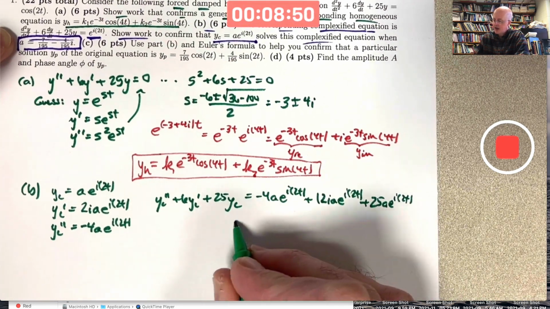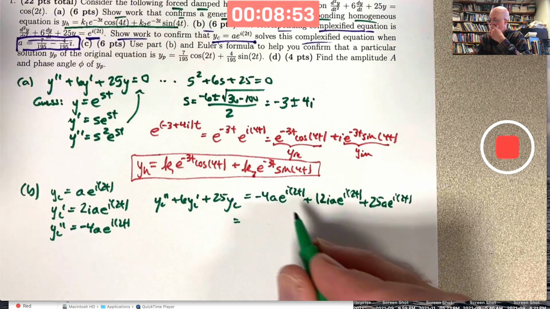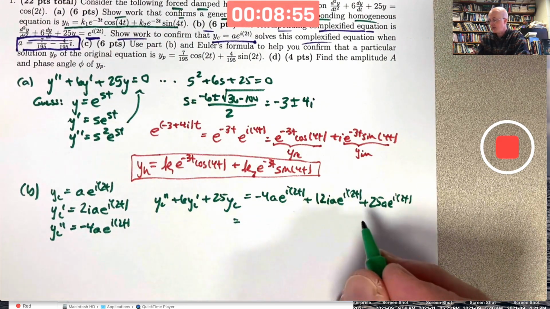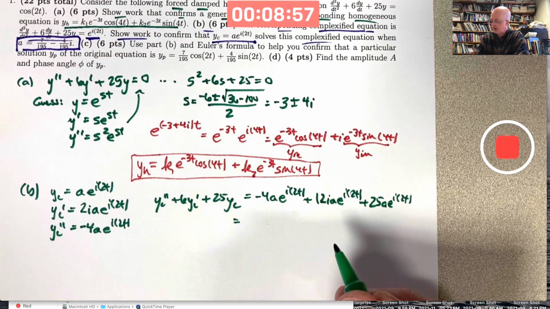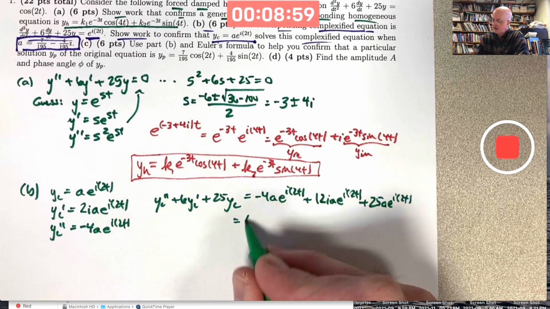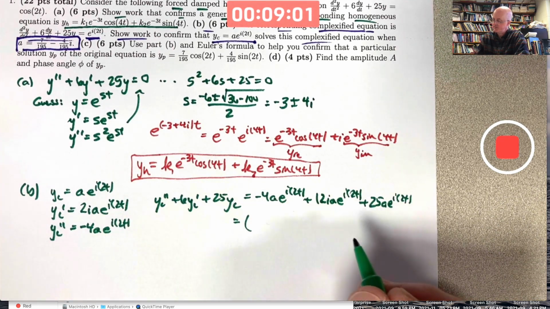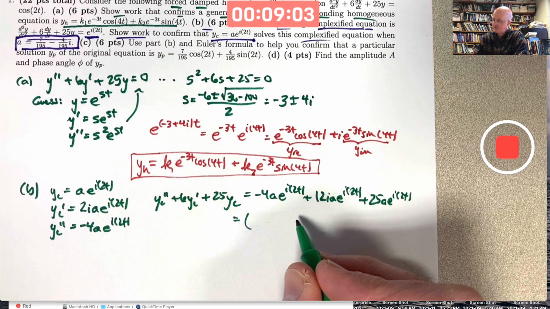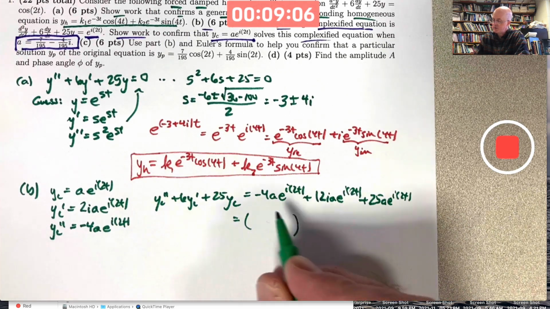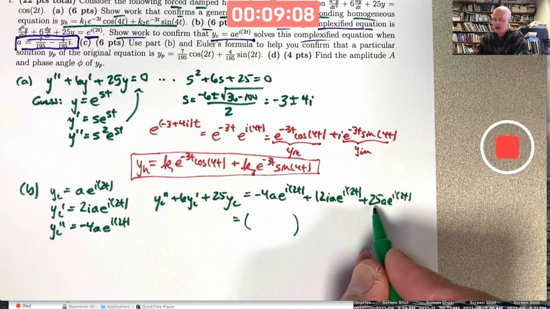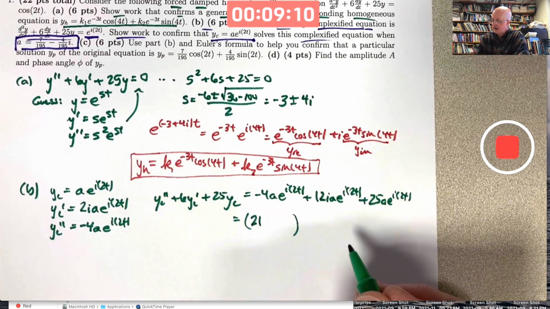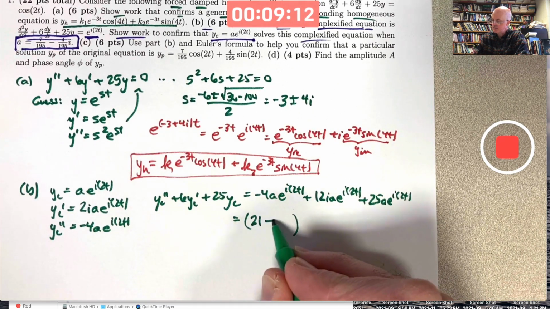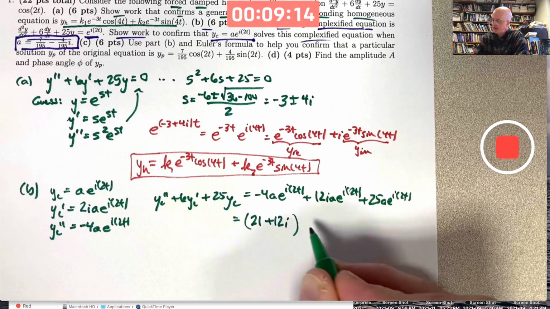We want to factor out anything that can be factored out. Each one of these terms has an a, and each one of them has an e to the i times 2t power. When those two things are factored out, what's left over are numbers. A complex number, in fact, with real part equal to negative 4 plus 25 is 21, and imaginary part 12. But you do need to put the i there.